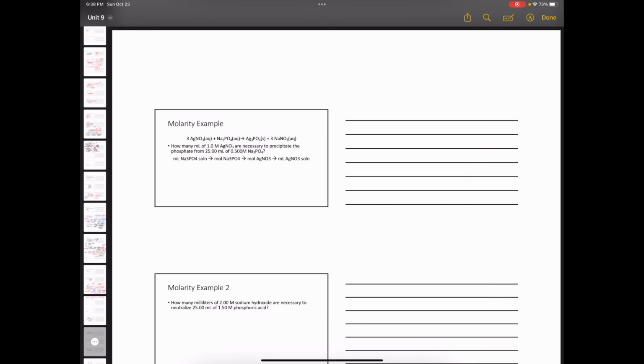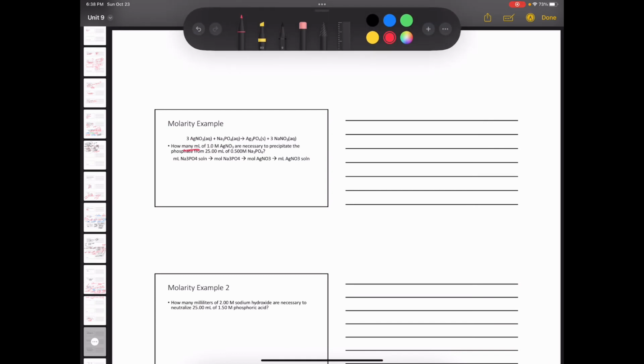So every time the question asks you for a number of milliliters, you should immediately assume that you'll be doing molarity types of calculations. How many milliliters of 1 molar silver nitrate is necessary to precipitate the phosphate from 25 mL of 0.5 molar sodium phosphate?